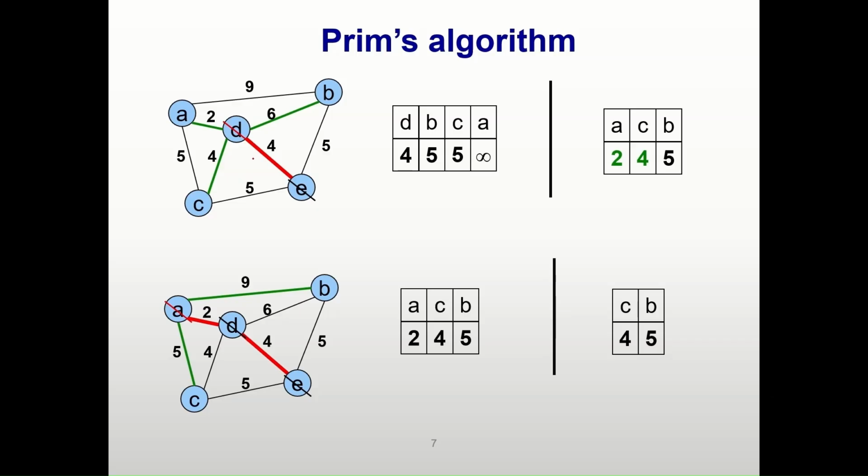From all the edges connected to the growing tree, we again pick the smallest one that leads to a vertex we haven't added yet. Here the smallest leads to A, which has not been added to our tree yet. So we pick A for our tree.